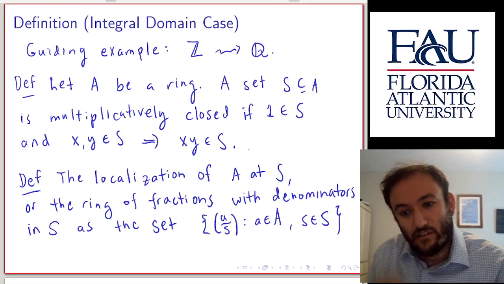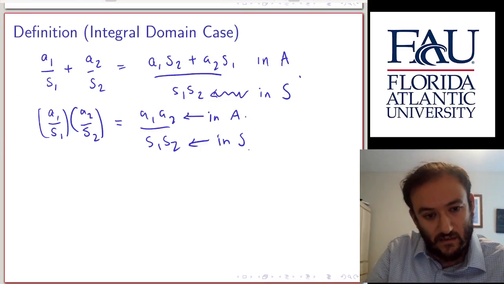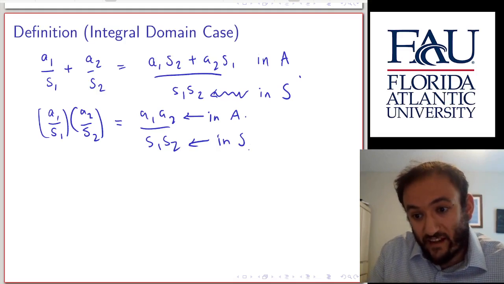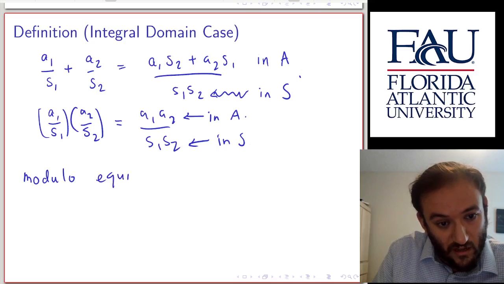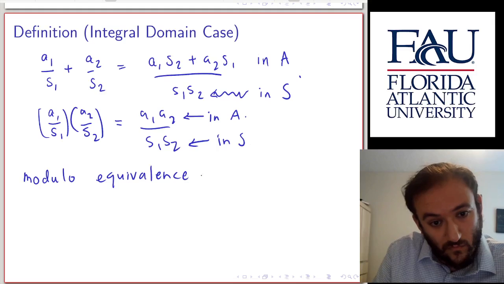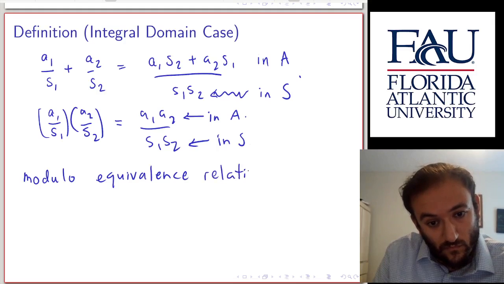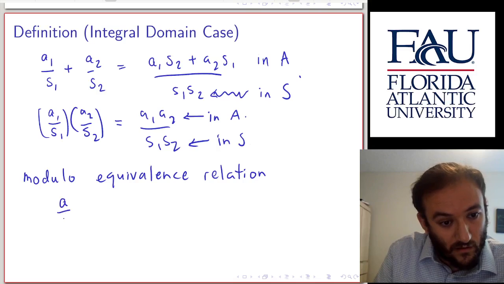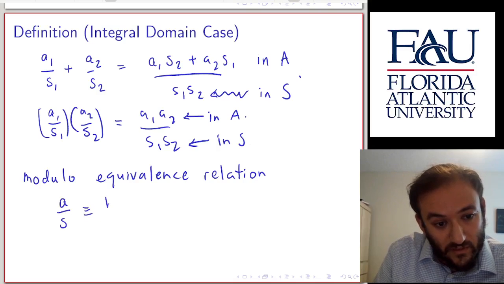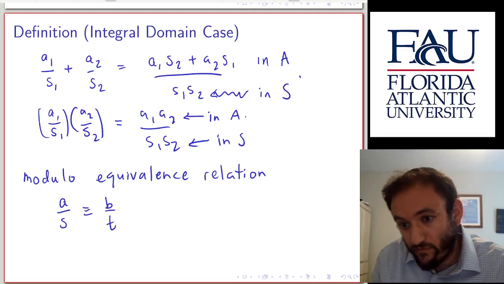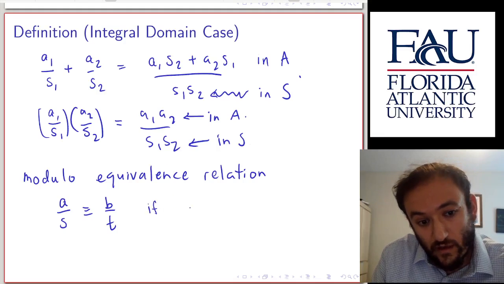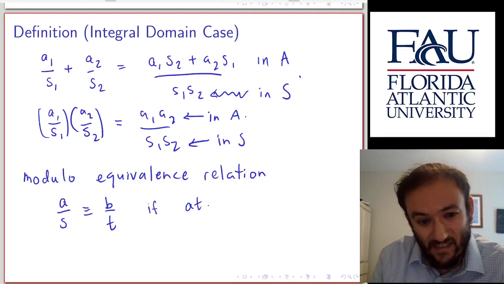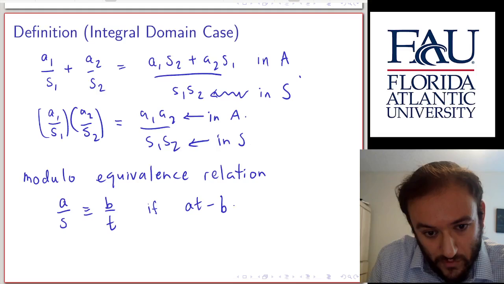How can I tell that two fractions are the same after cancellations? And we'll define that in the standard way using cross multiplication. So we want to mod out modulo the equivalence relation: a over s will be equivalent to b over t if, when you cross multiply, you get the same thing. If at is congruent to bs, I'm going to write it as a subtraction for reasons we'll see later.